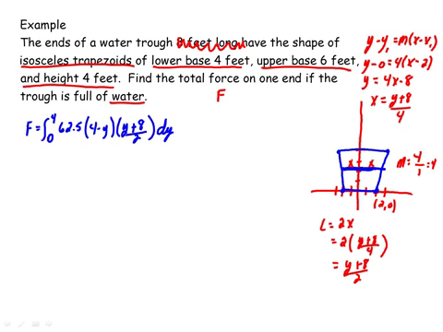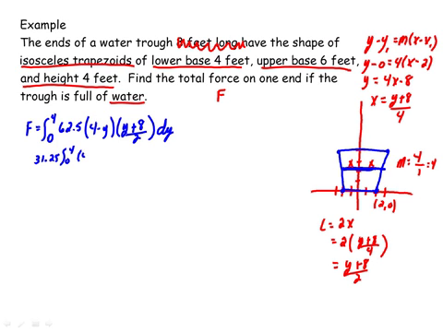What can I pull out this time? 62.5, there is something else. 1/2. Do you see it? I can pull this half out. Yes. So 62.5 divided by 2 is going to be what? 31.25. Integrated from 0 to 4.